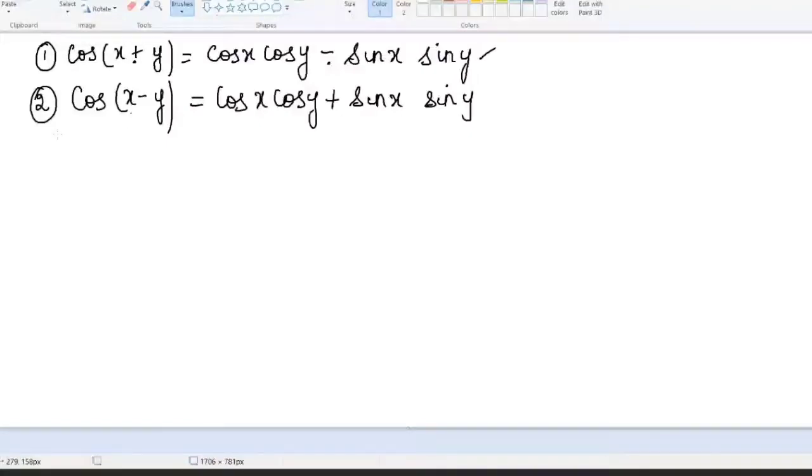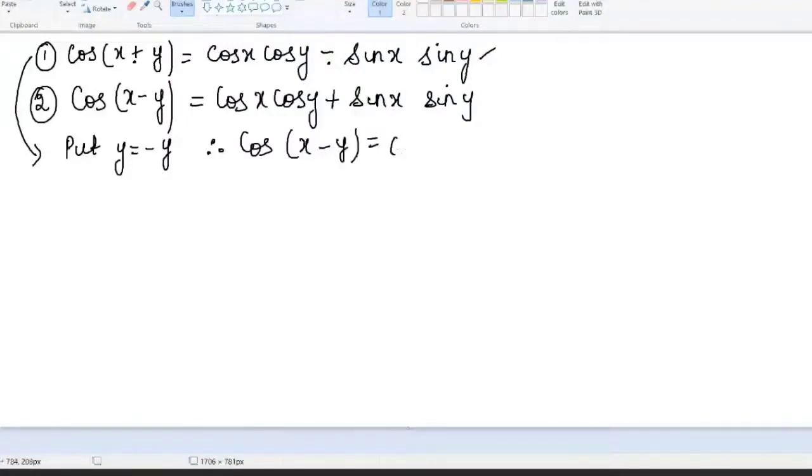How do you get that? In the first one, put y is equal to minus y. So then substitute. Therefore, cos of x plus minus y, so cos x minus y is equal to cos x cos of minus y minus sin x into sine of minus y.